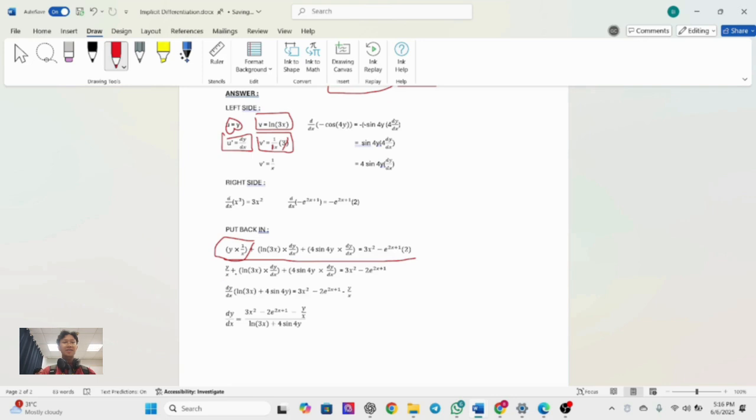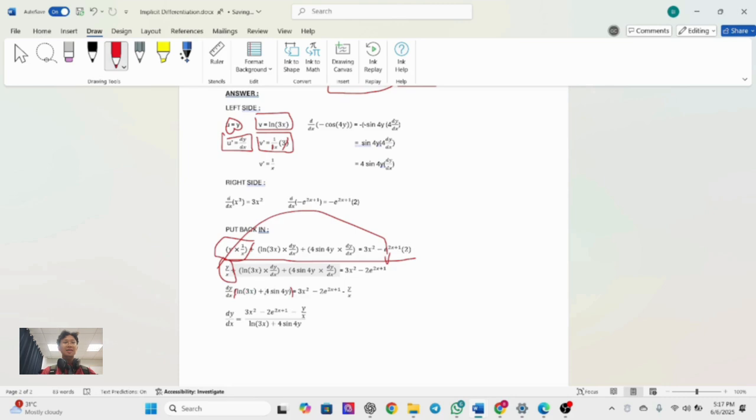And after that, we need to isolate dy over dx by grouping the terms. So the terms that don't have dy over dx need to move to the right side. As you can see, after I move y over x, it will become negative y over x. And we need to isolate this too, and it will become ln 3x plus 4 sin 4y.